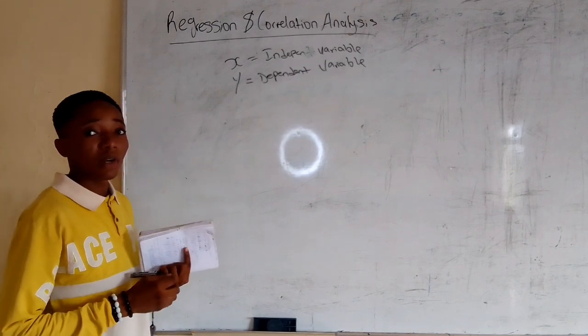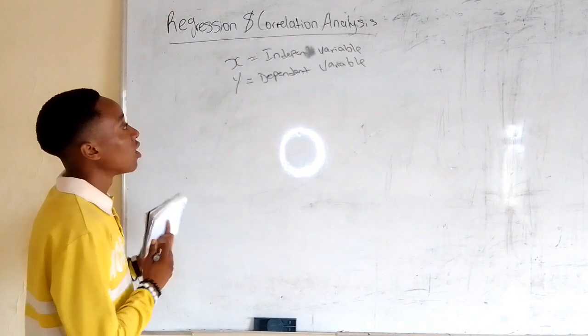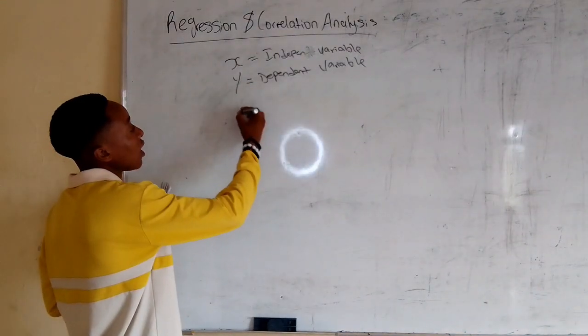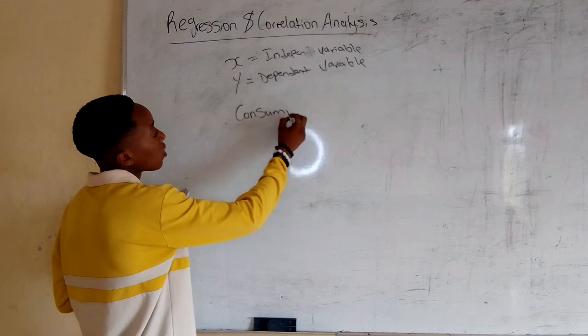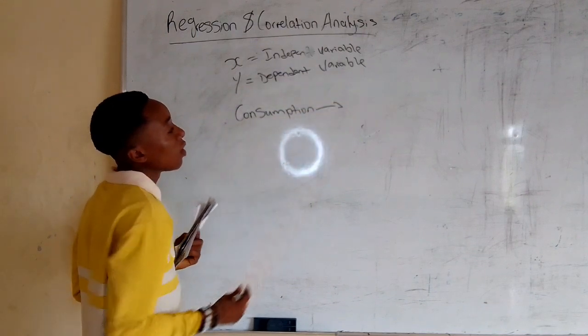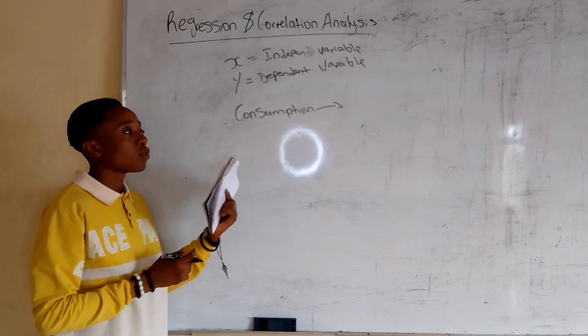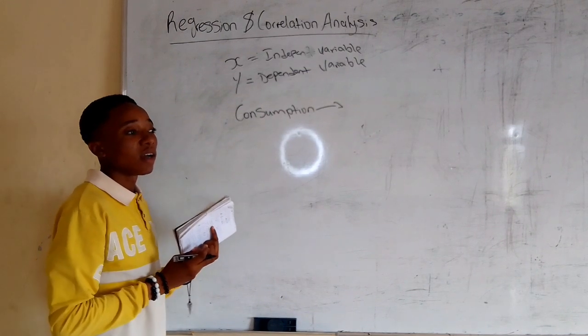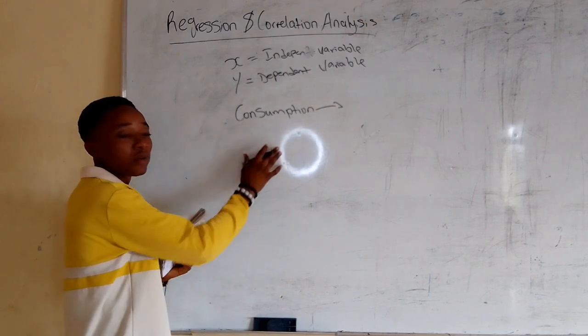So what regression is all about is looking at the relationship between two variables. Let's take consumption as one of these variables. What you should ask yourself now is, what are those factors, those functions of consumption, that you should consider before consuming any goods?